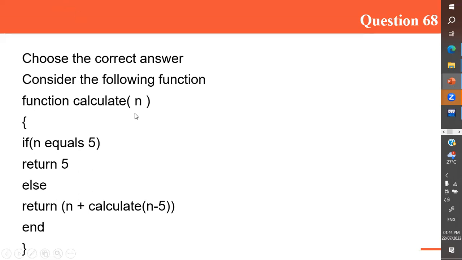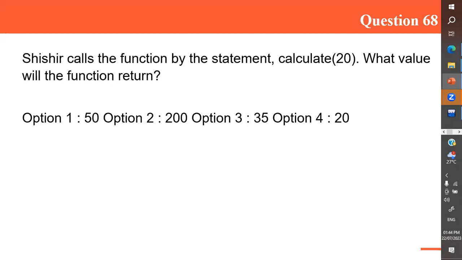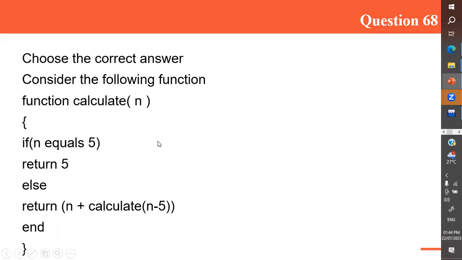Can I go for the next slide? If n equals 5, we are returning 5. If not, n plus calculate of n minus 5, we are calling. So if I call the function with 20, what value will it return? If the function is called with 20, what is it returning? You have to calculate it. Please try. If the input is 20, what will be the output?